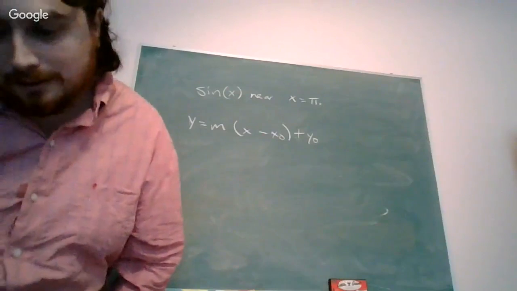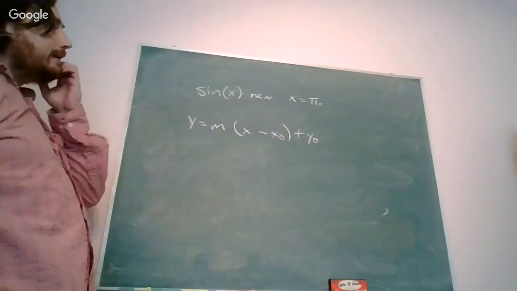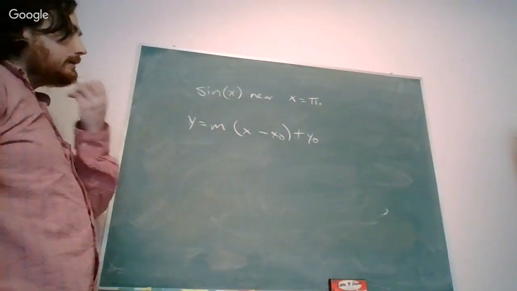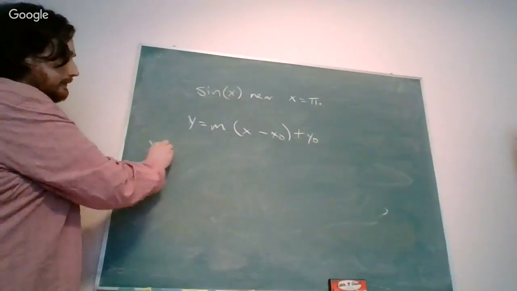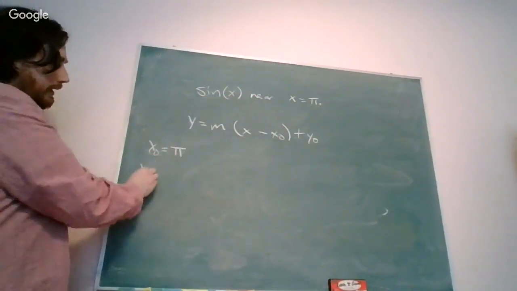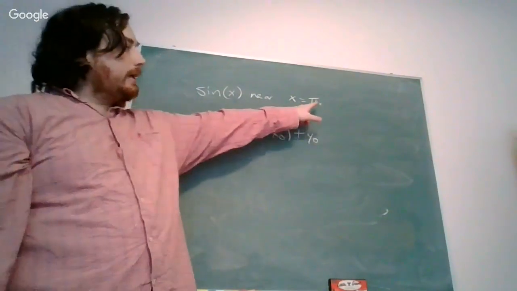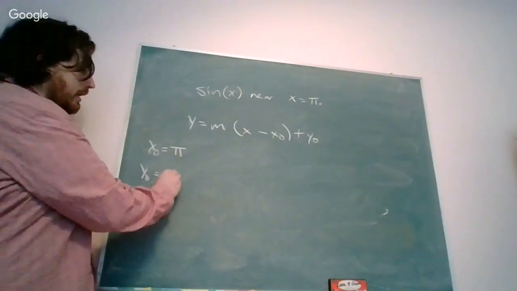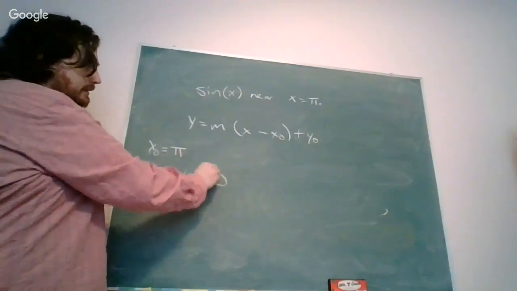I need to find the slope, x naught, and y naught. x naught is given to me, that's just pi. And y naught for the tangent line is just the function value at the point we're given. So we find f of pi, which is sine of pi, and sine of pi is 0.